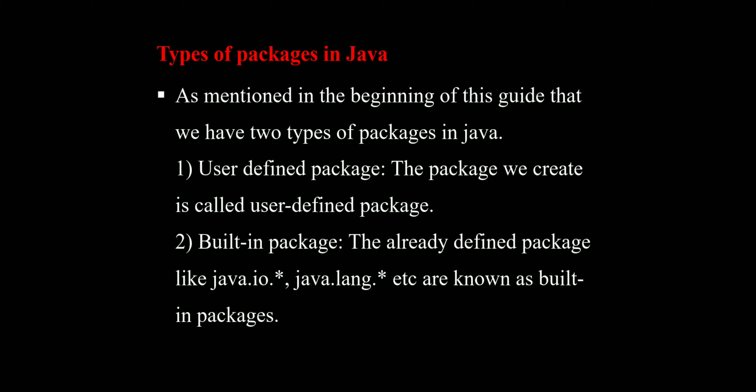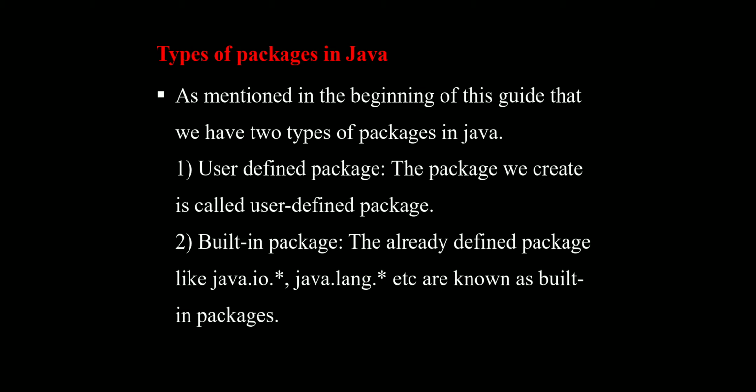As mentioned in the beginning of the guide, we have two types of packages in Java. First one is user-defined packages and second one is built-in packages. User-defined packages are packages we create ourselves.